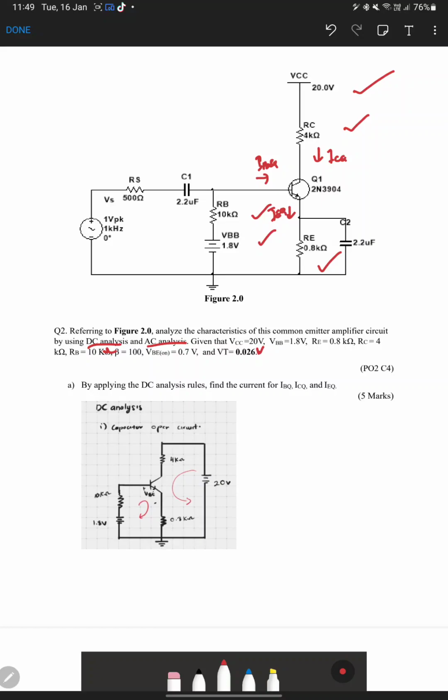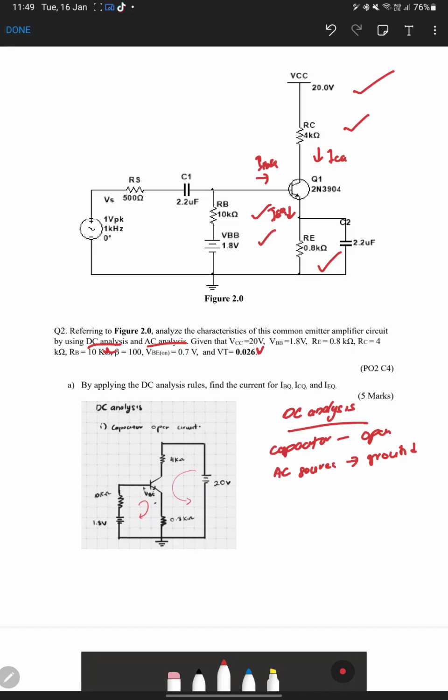So in a DC analysis, what we're going to do, we need to apply the rules. The rule of DC analysis says that if we have a capacitor it will be open and the AC source will be grounded.